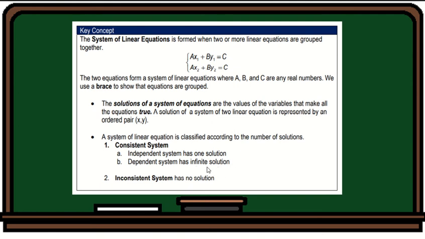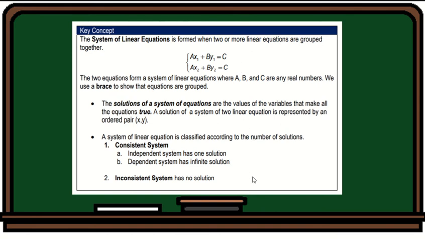When we say infinite, there are many solutions. In short, we can have two or more ordered pairs that will make the equations true. The second classification of our system is the inconsistent system. The inconsistent system has no solution. This means that there is no ordered pair that can be used for our equations.